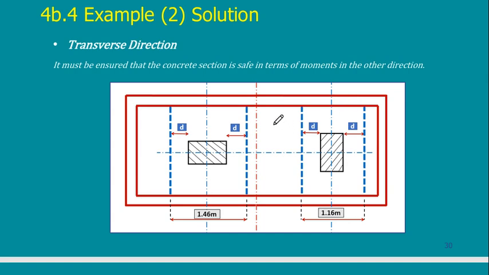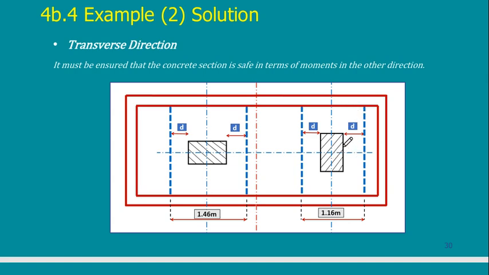But what about here and there? These will not be affected, and I'm going to use minimum steel. So here I'm going to use minimum steel, here minimum steel, here minimum steel, but from here to there, this will be the transverse moment based on this column, and here this will be the transverse moment based on this column.